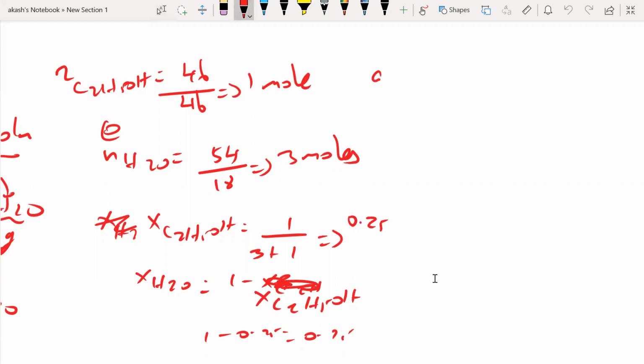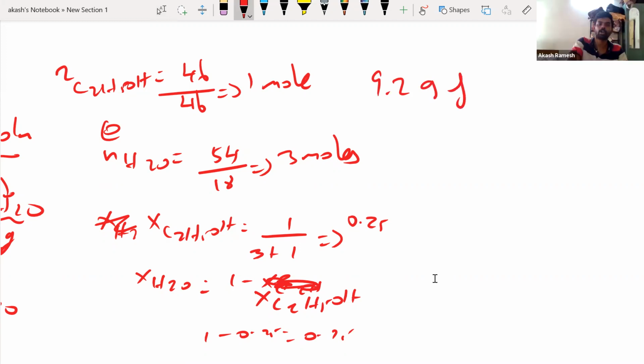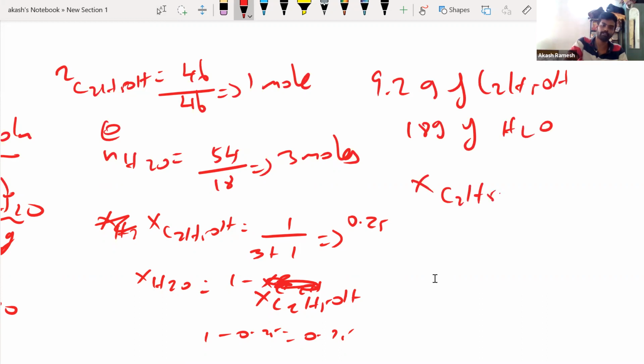Okay, so it is basically 9.2 grams of C2H5OH and 18 grams of H2O. Right? So they're asking you what is mole fraction of C2H5OH, and I know the formula. It will be number of moles of C2H5OH divided by number of moles of C2H5OH plus number of moles of water.